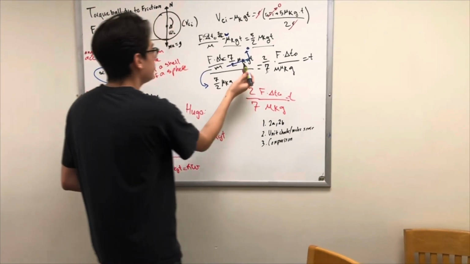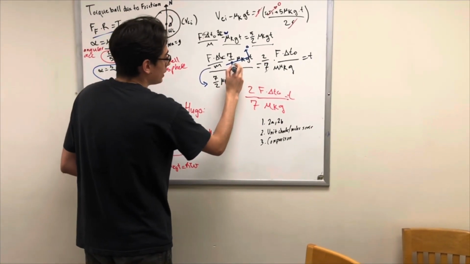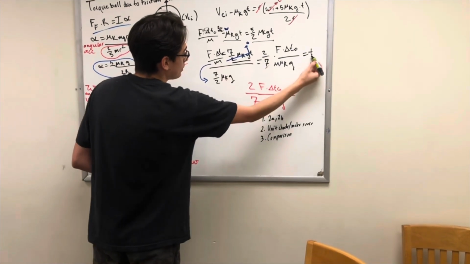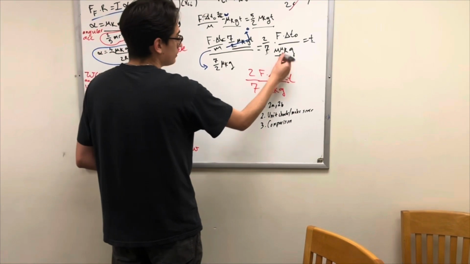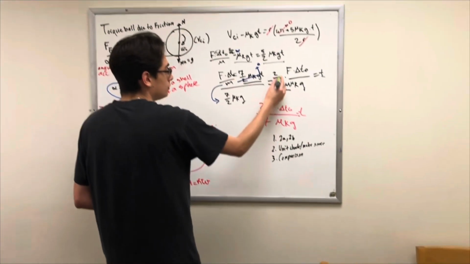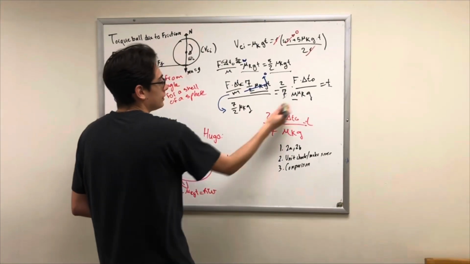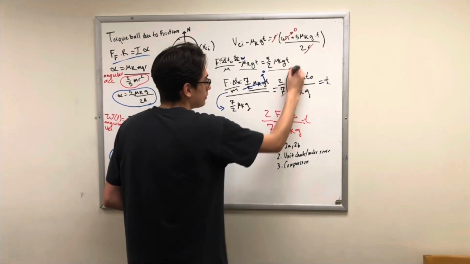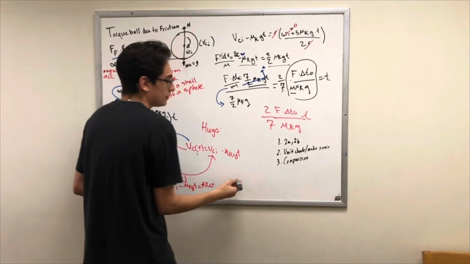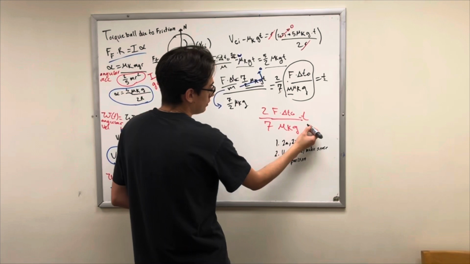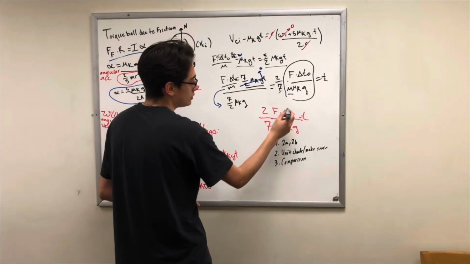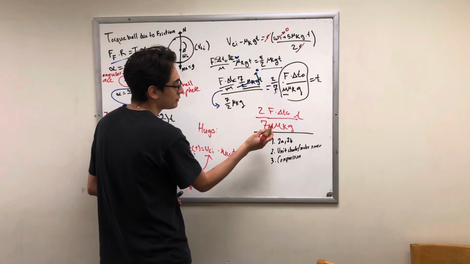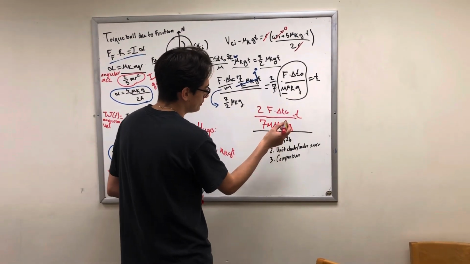Then we divide by this whole part to get t by itself. So mass goes to the bottom, then we have 2 over 7 times this whole equation, and we end up that our time is 2 times force times the change in time over 7 times mass times mu k times gravity.